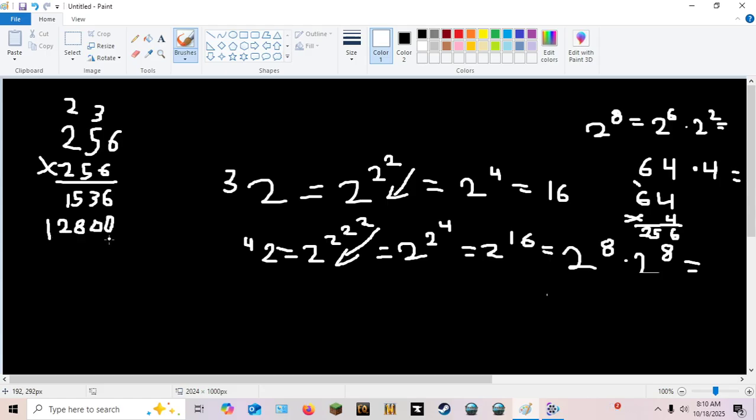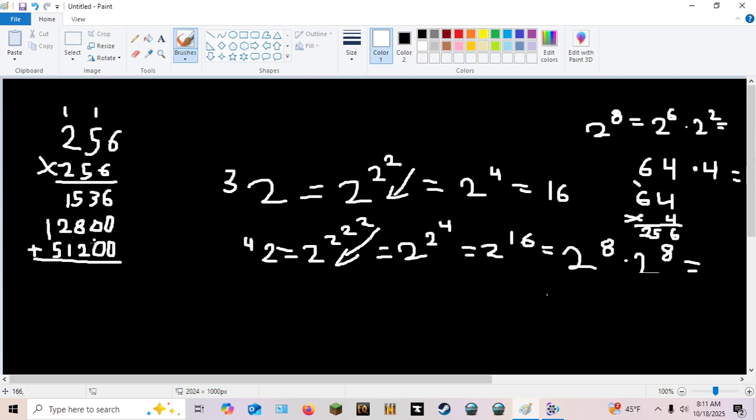And then we have to place 2 zeros, because 200 has 2 zeros in it. Then 2 times 6 is 12. 2 times 5 is 10 plus 1, which is 11. And then 2 times 2 is 4 plus 1, which is 5.